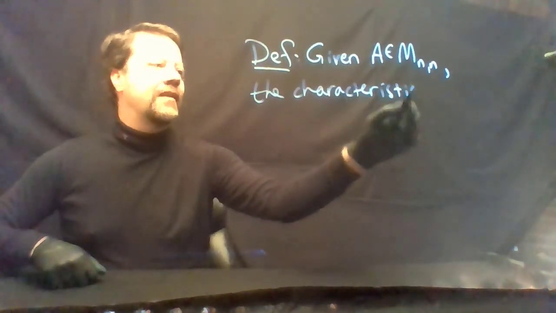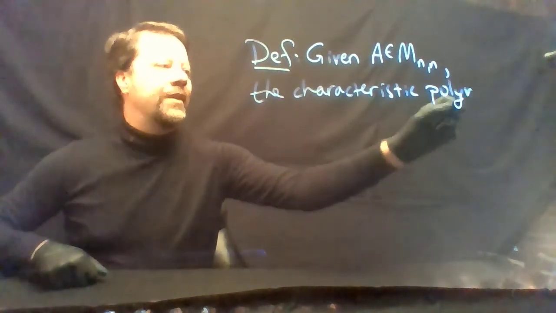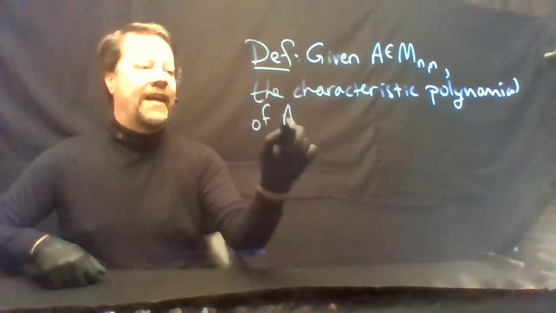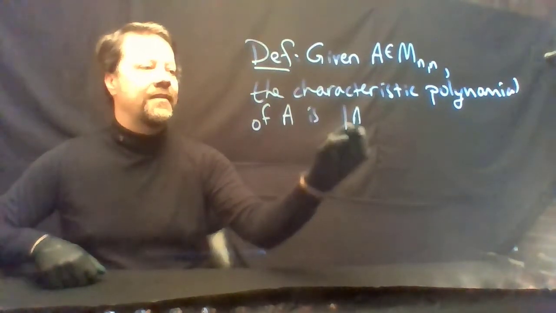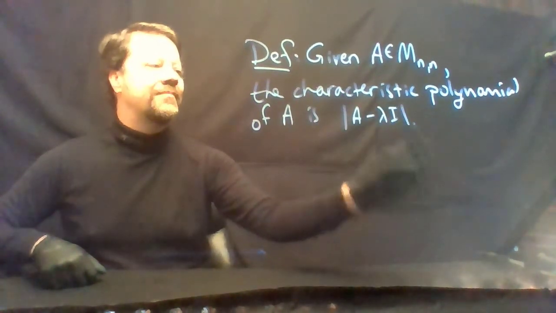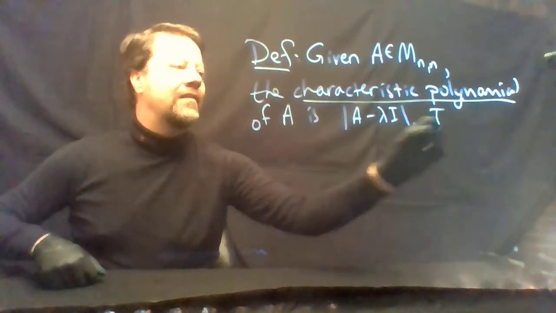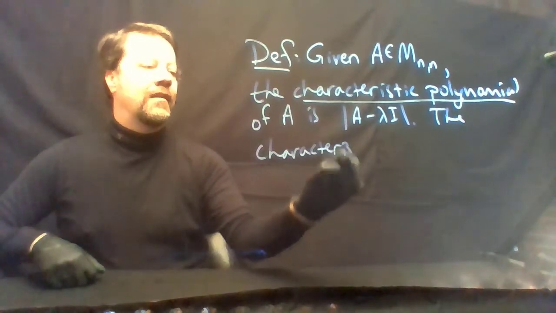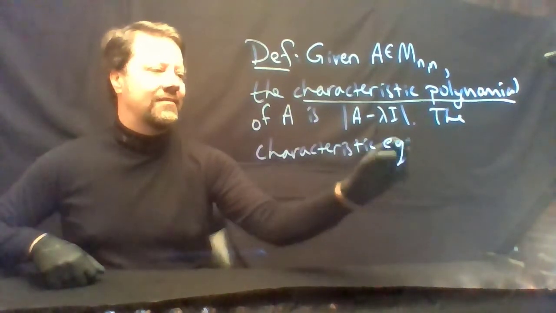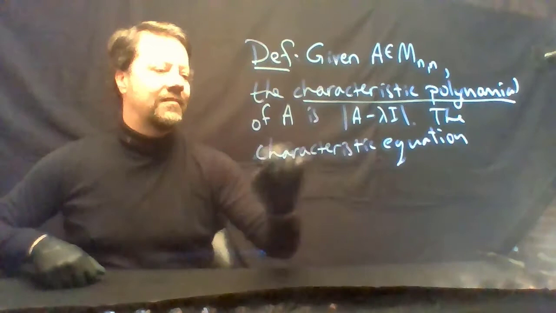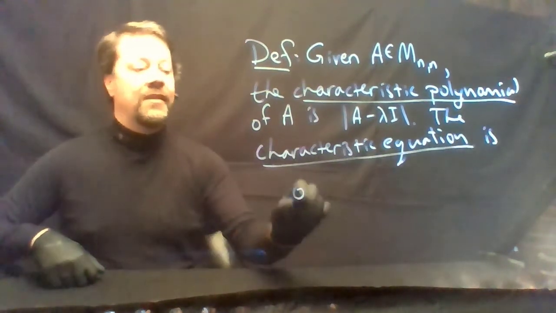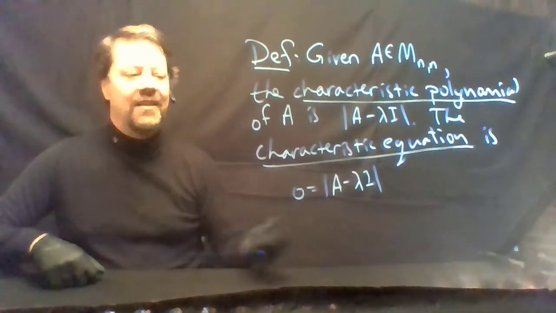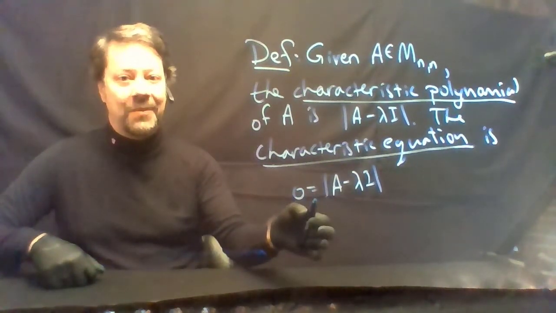The characteristic polynomial of A is the determinant of A minus lambda I. The characteristic equation is 0 equals the determinant of A minus lambda I. An equation must have an equal sign.